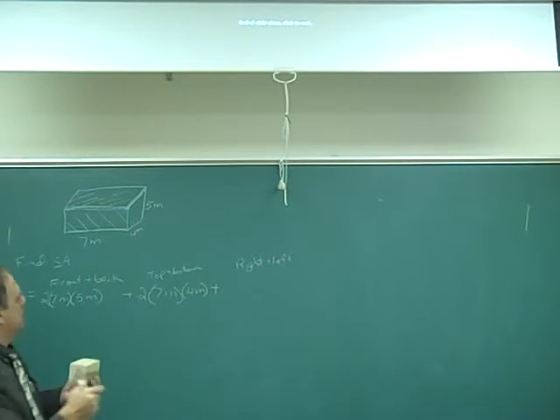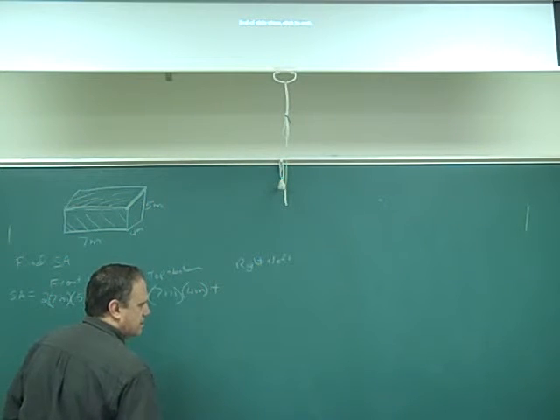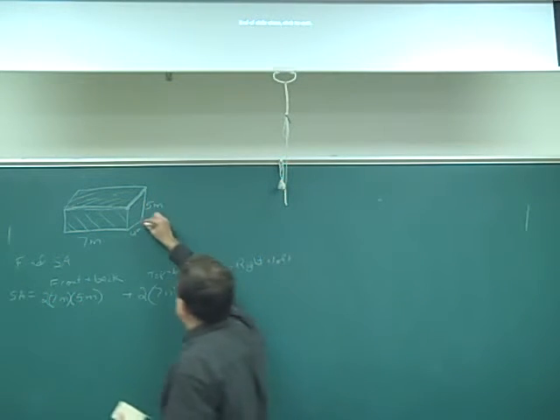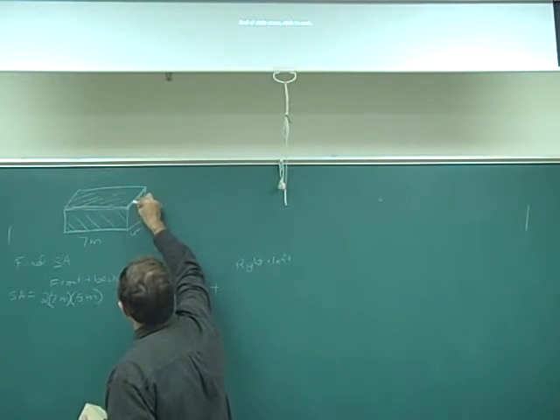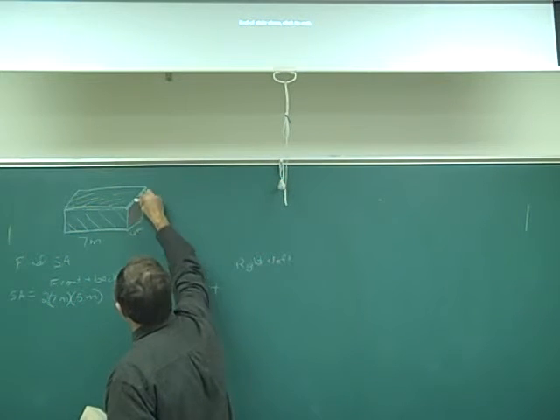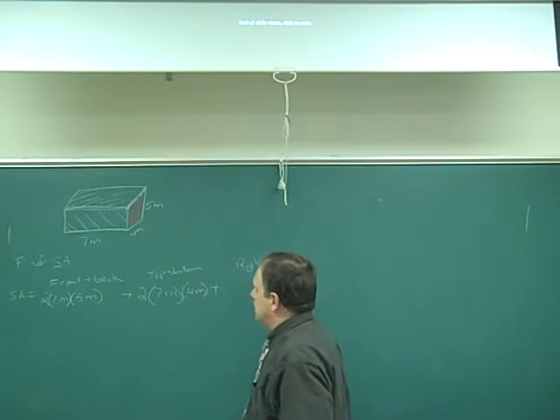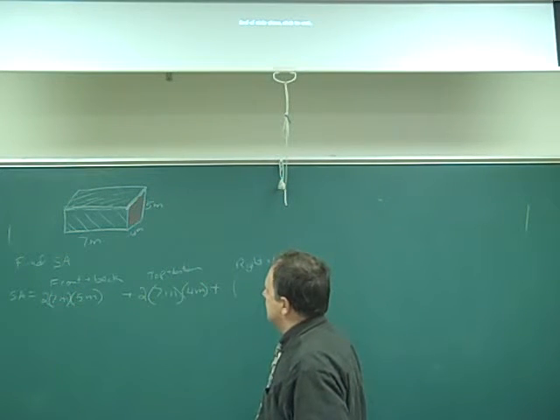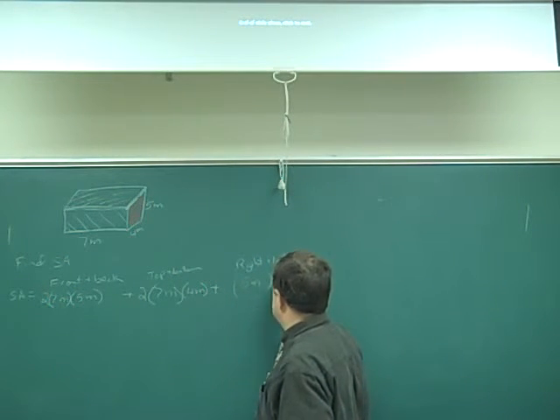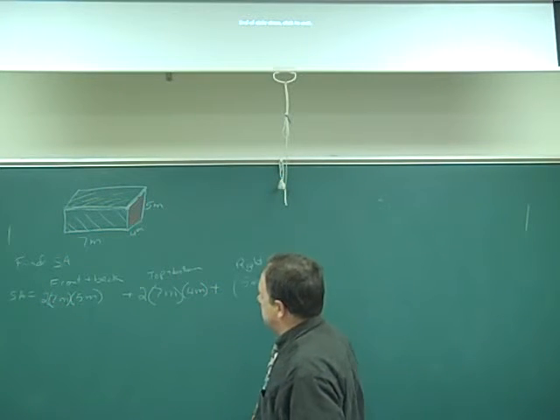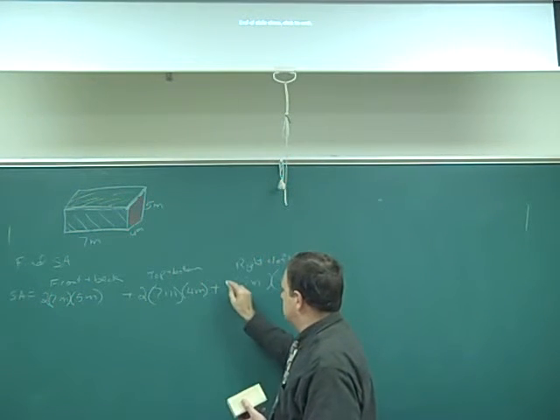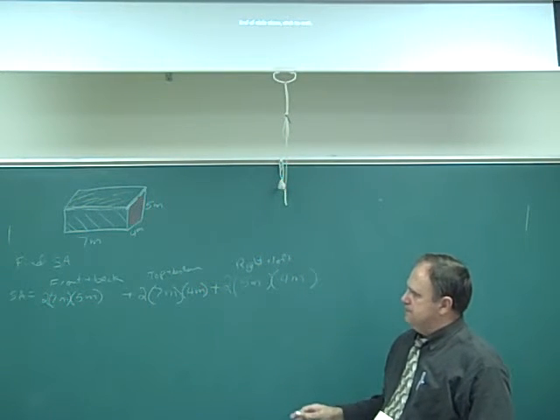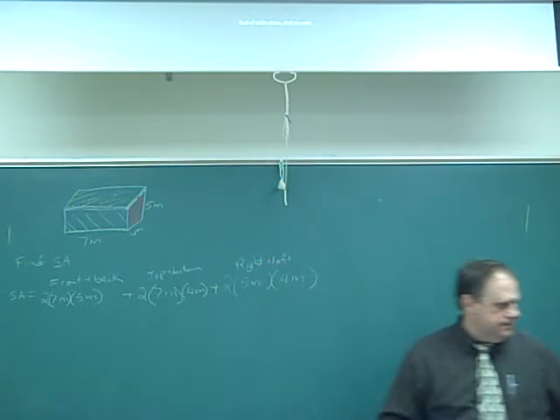Alright, so here's our side here. We'll color that in red. Okay? And so that's going to be what times what? 5 times 4, right? 5 meters times 4 meters. And if we get the right side, we get the left side also, so that's times 2. Okay, so again, once you set it up, all you have to do is punch it in.